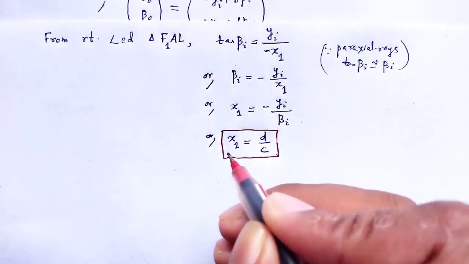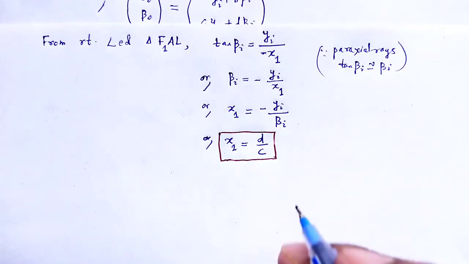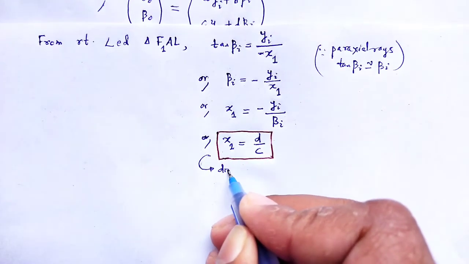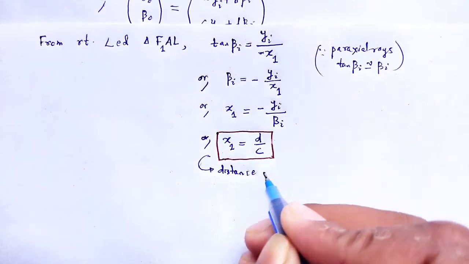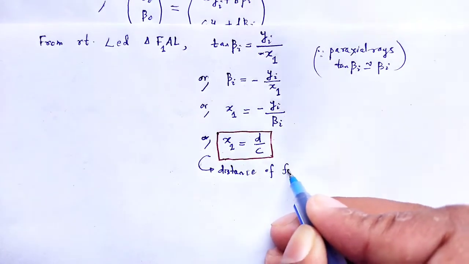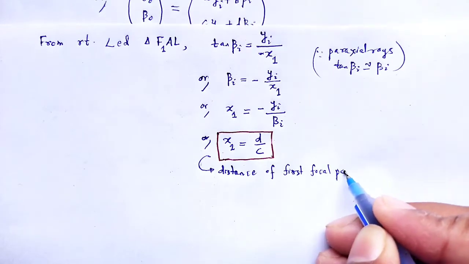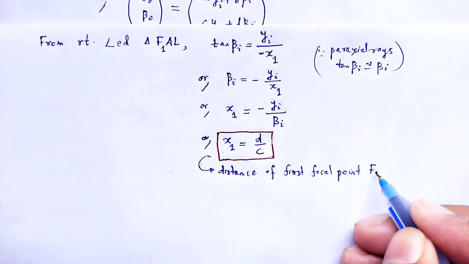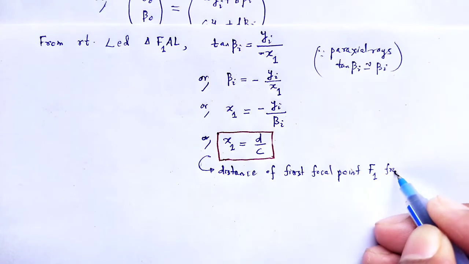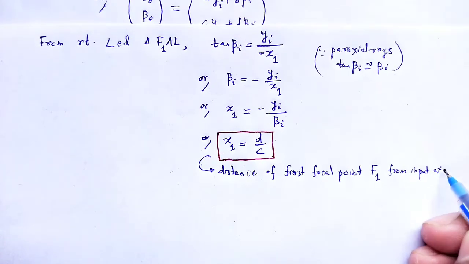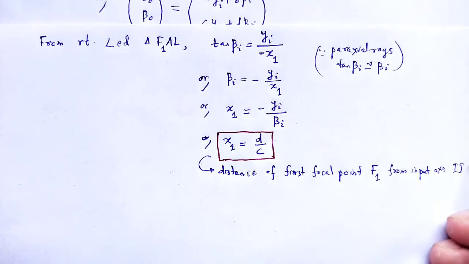That one is the distance of the first focal point, that is F1, from the input axis, let I dash.